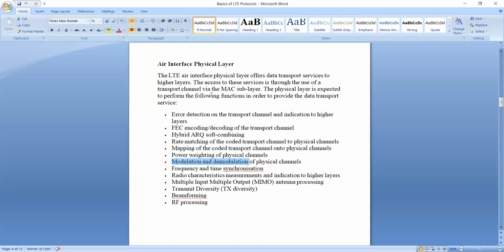Don't need to write everything. Just write coding and encoding, hybrid ARQ soft combining, and rate matching.